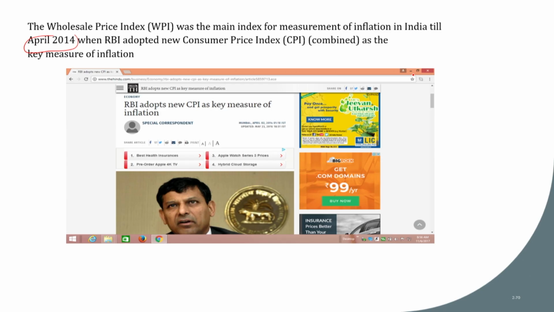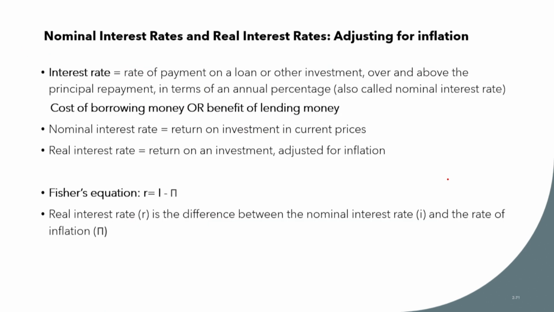They use the combined version as the key measure of inflation these days. So the main point here is that until April 2014, WPI was the main index, but since then RBI adopted the consumer price index as the key measure of inflation in the country.